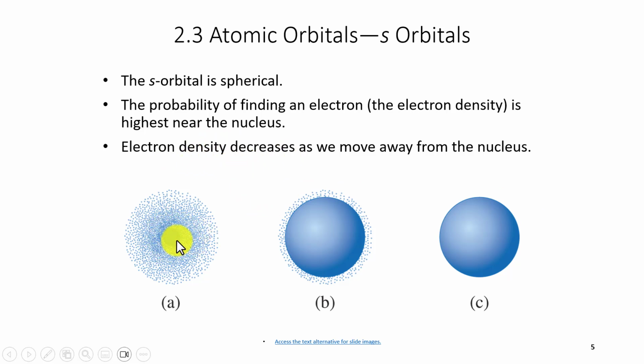As the color suggests, it's a deeper blue here, which means that we will most likely find the electron here compared to the outer edge. So the s orbital has a spherical shape.